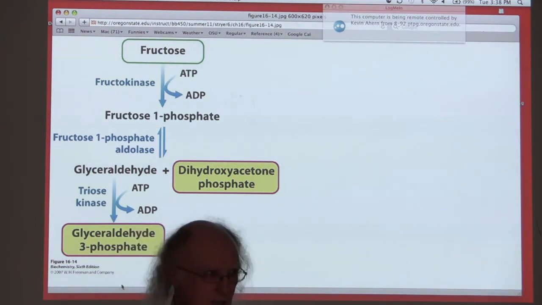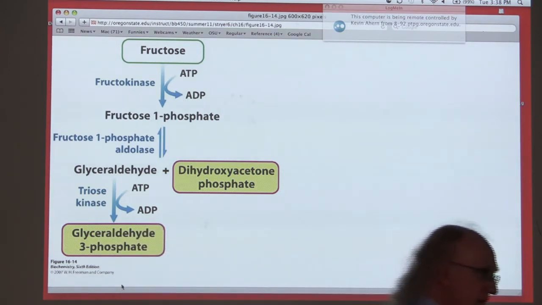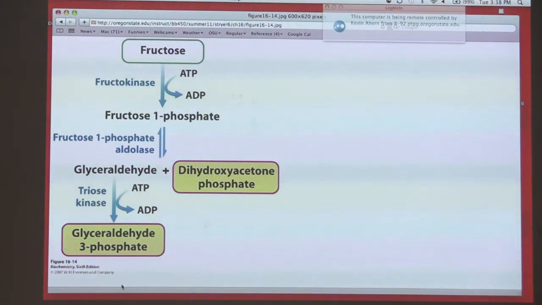We are pushing the production of pyruvate by eating excess fructose, whether by eating too much sucrose or by eating too much high fructose corn syrup, which people are increasingly doing. Well, why is too much pyruvate a problem?